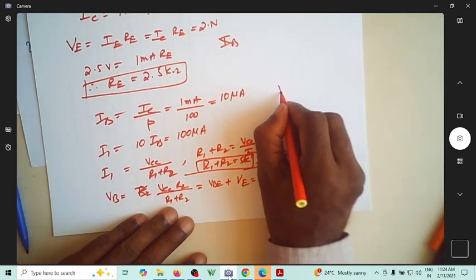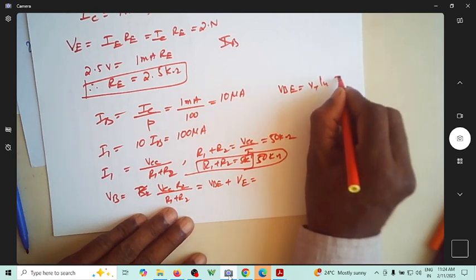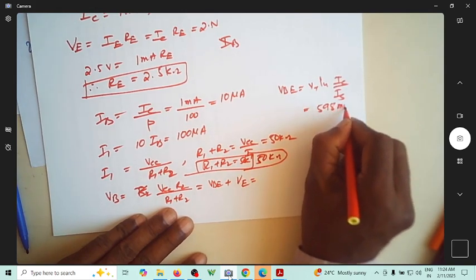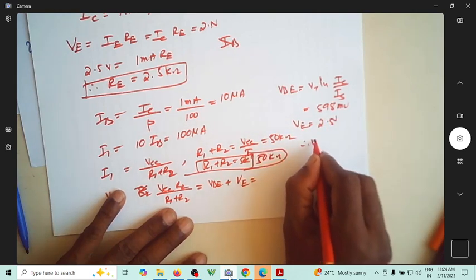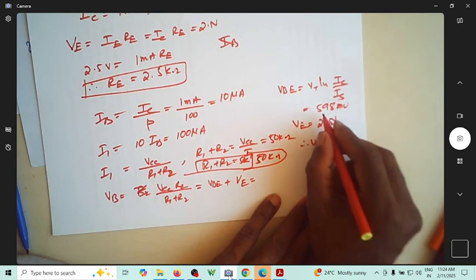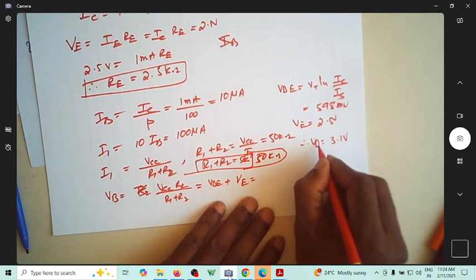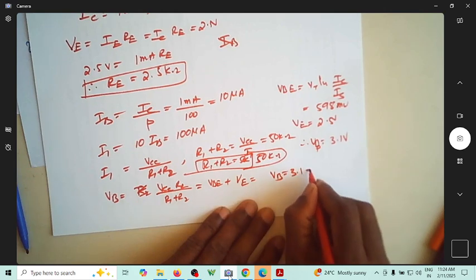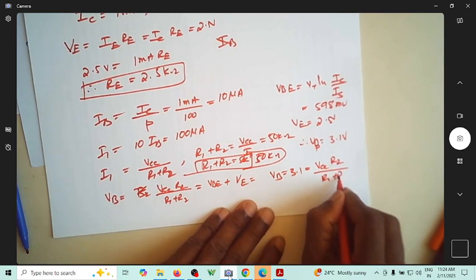How much is VBE now? VBE is equal to VT ln of IC by IS, which is 598 millivolt. VE is equal to 2.5 volts. Therefore, if you assume VBE to be 0.6, then VB will become 3.1 volts. So VB is equal to 3.1, equal to VCC R2 by R1 plus R2.